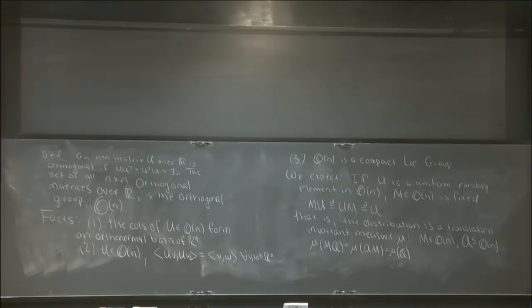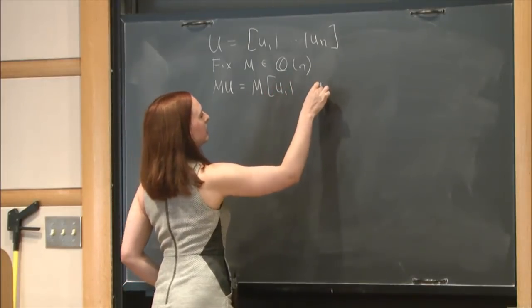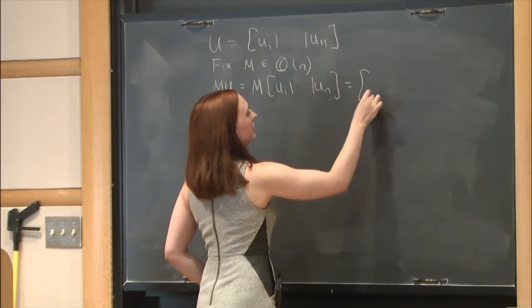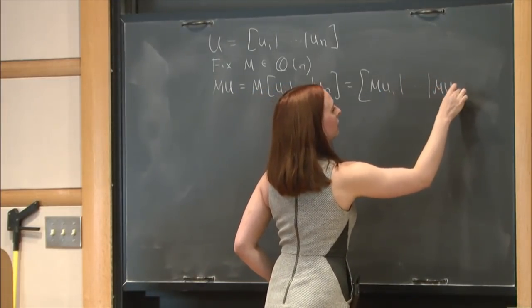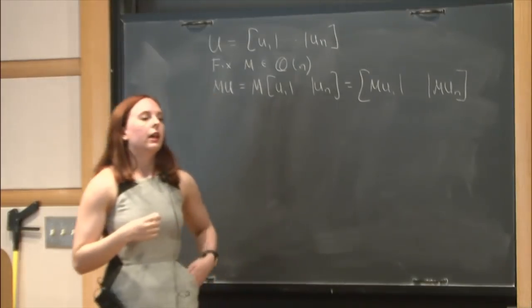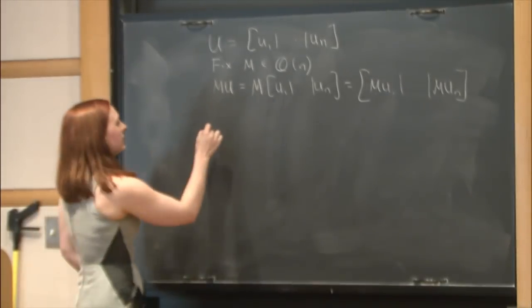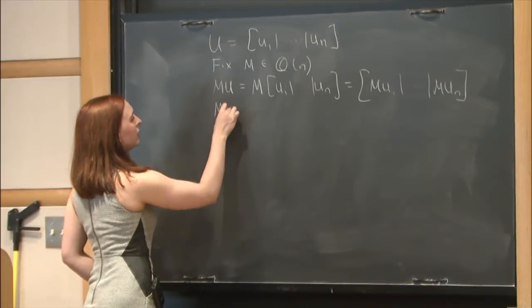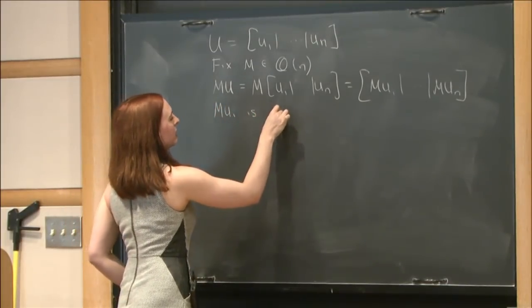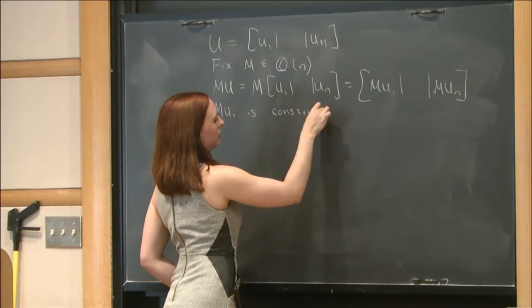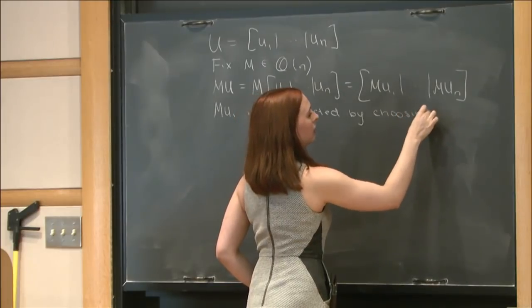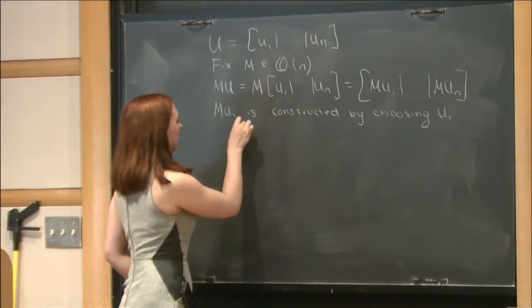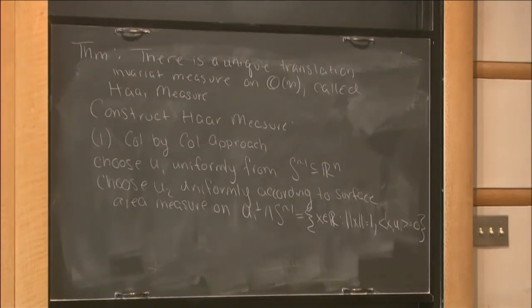Then MU is just M times this matrix that's been constructed, and this has columns MU1 up to MUn. And the way I can think about MU is the first column, MU1, is constructed by choosing U1 uniformly from the sphere as before, then multiplying by M.